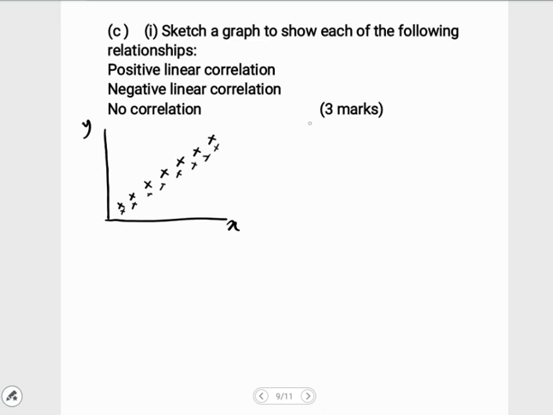Again, if the scattergram is this way, we have the abscissa, the x coordinate, and we have the y coordinate, which is the ordinate.